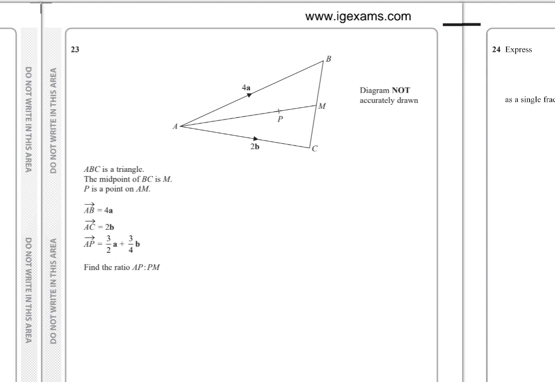To find the vector BM, we can join B to A. So BM equals BA plus AM, vector BA plus vector AM.